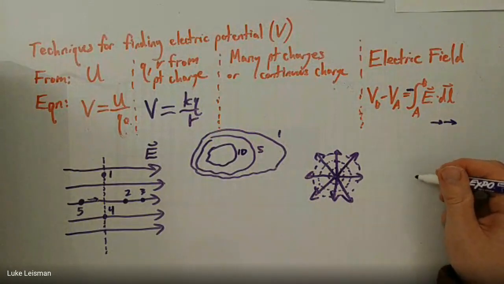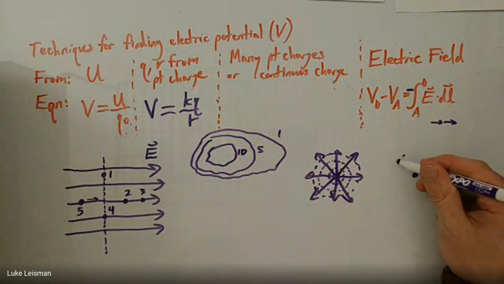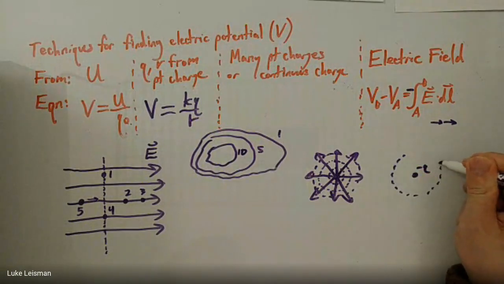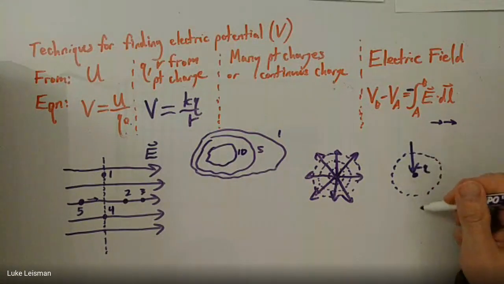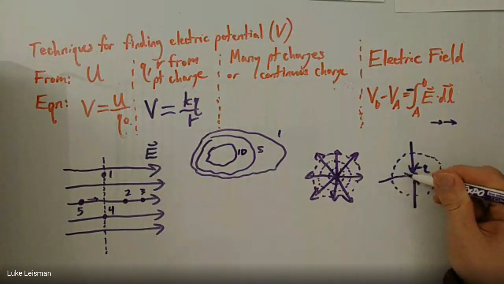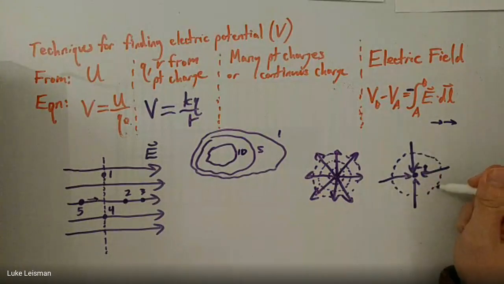If instead we had a negative point charge, minus Q, the regions of the same potential would still be circles, perpendicular to the field everywhere. But notice that negative charges are like walking downhill.